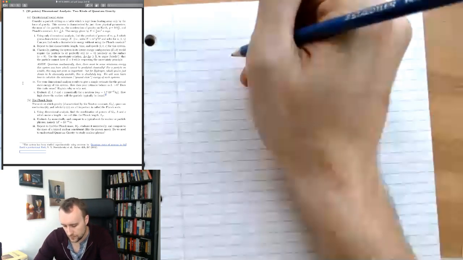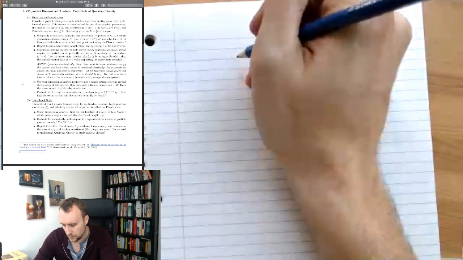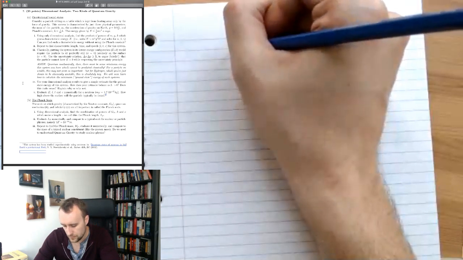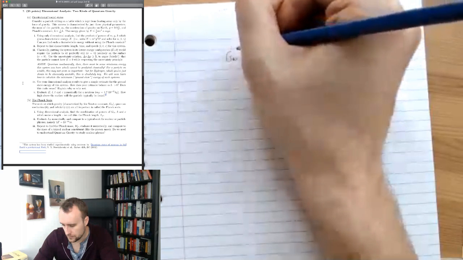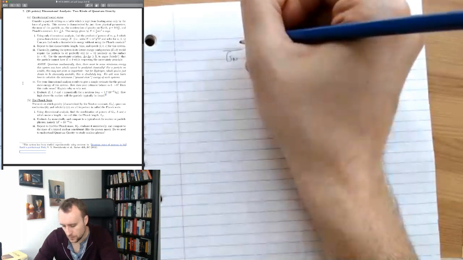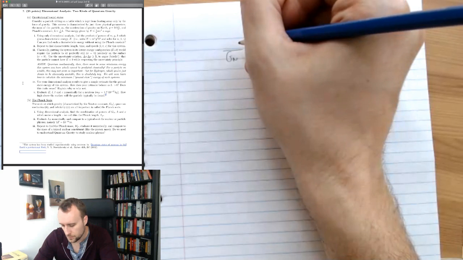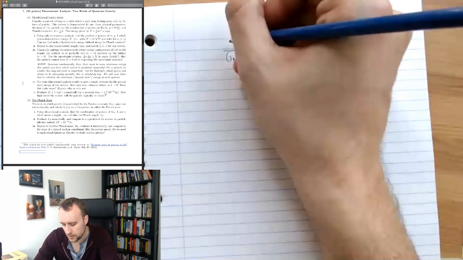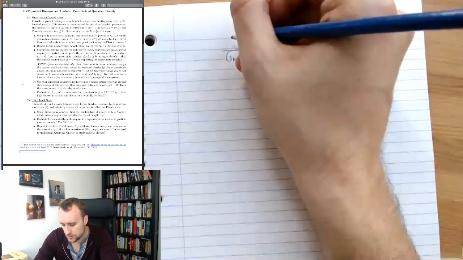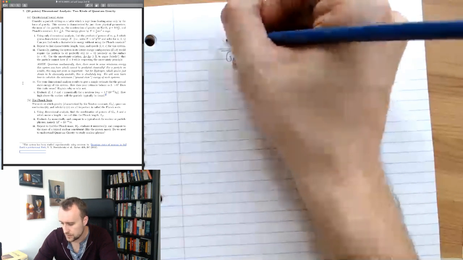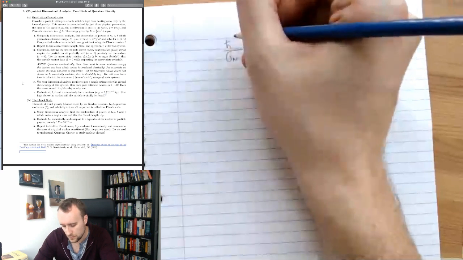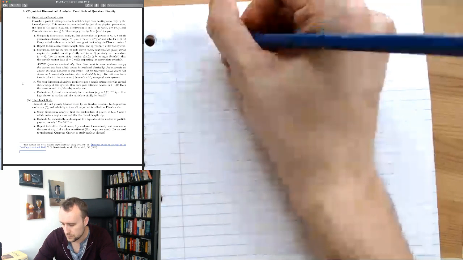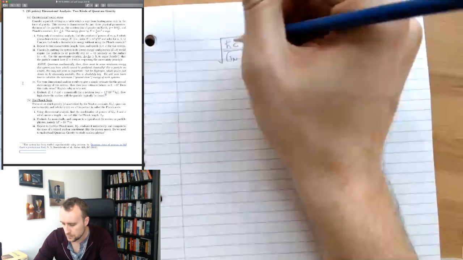Alpha is negative 1/2, G below. And we have beta, which is 1/2, above.